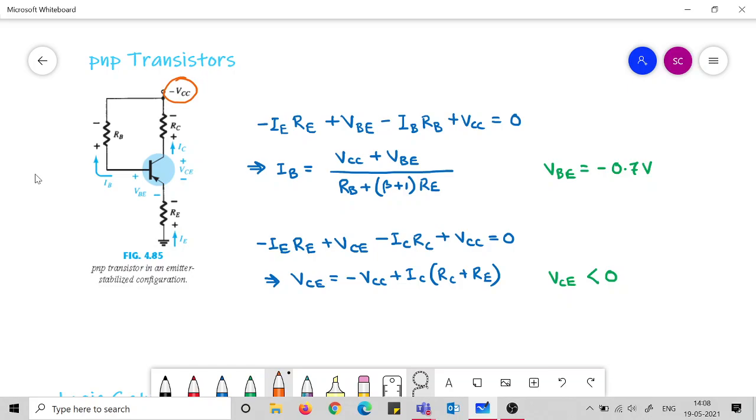So now we understood this KVL, and from the KVL we can evaluate what IB would be, and IB takes this form. However, in this form you check that VBE as defined in the circuit is in this direction, but we know that actual VBE is in the opposite direction. So the VBE is 0.7 volt with a minus sign.